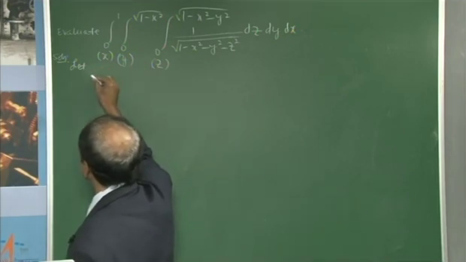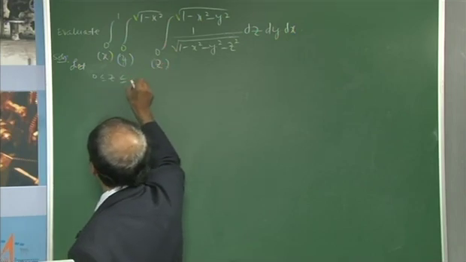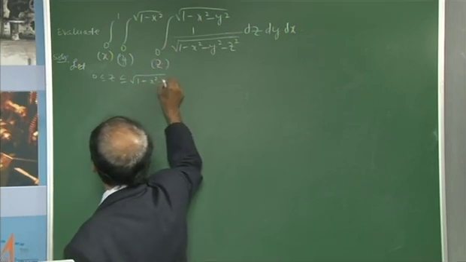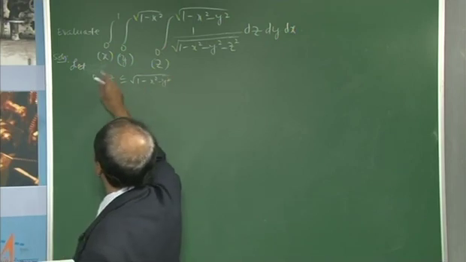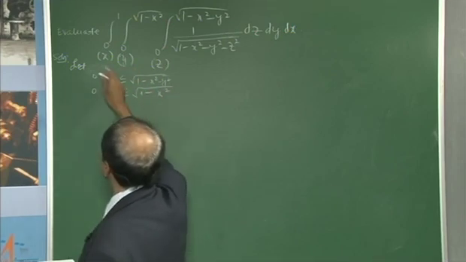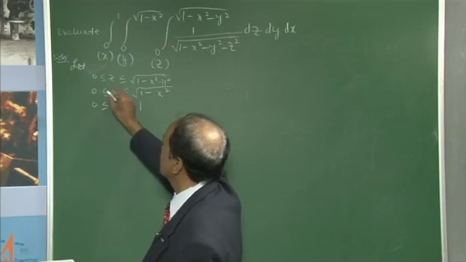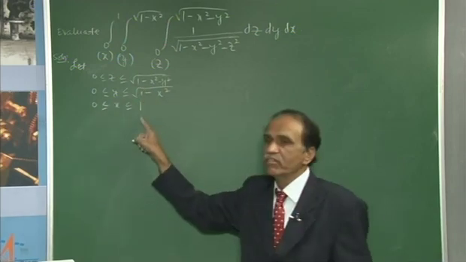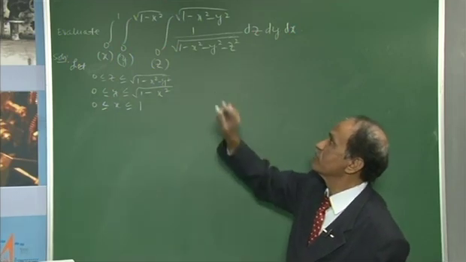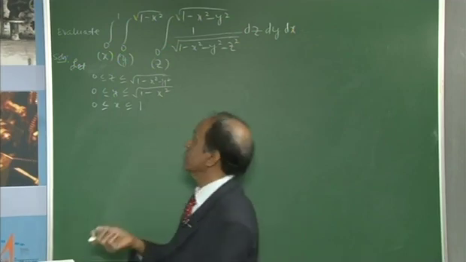You can represent 0 less than or equal to z less than or equal to root of 1 minus x square minus y square, and for the middle integral 0 less than or equal to y less than or equal to root of 1 minus x square, and for the outermost integral x from minus 1 to plus 1. This is the order you have to consider by means of inequality like this, and by direct representation of the limits as lower limit and upper limit, it will go like this.